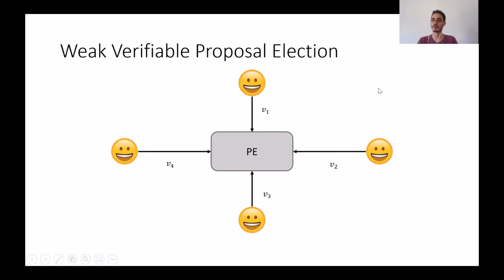In the beginning of the protocol, parties input some value, and then we sample the index of one of the parties that actually input something into the protocol. Afterwards, we send that party's input to all parties. Now, the protocol is weak and verifiable.